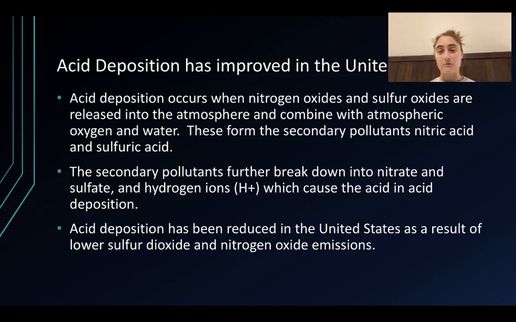And remember, acid deposition is a secondary pollutant. So nitric acid and sulfuric acid happen as those primary pollutants, sulfur dioxide and nitrogen dioxide, react with the air, right? And they form those secondary pollutants, so sulfuric acid and nitric acid. Those secondary pollutants then break down into nitrate and sulfate, and that's what causes that acid rain or that acid deposition.